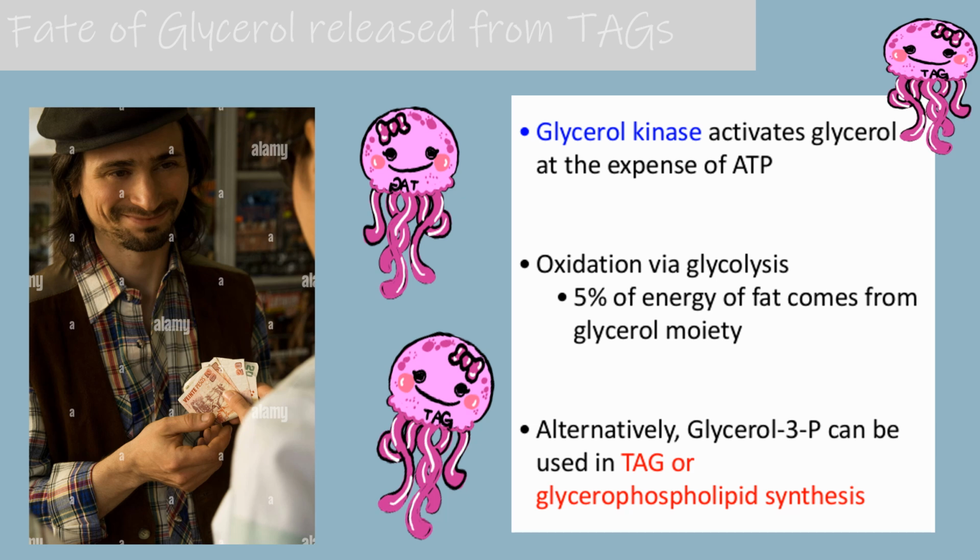So again, we can associate the 5% energy with the money from the left image. And alternatively, glycerol 3-phosphate can be used in TAG, which is our little jellyfish from before, just for association, or glycerophospholipid synthesis. So yeah, it's a little fun image. Just remember, little jellyfish are TAGs.